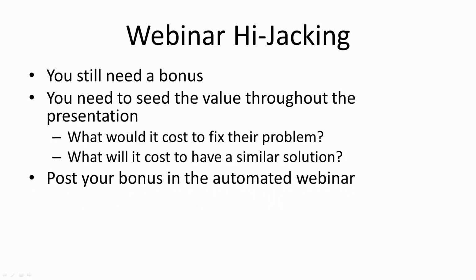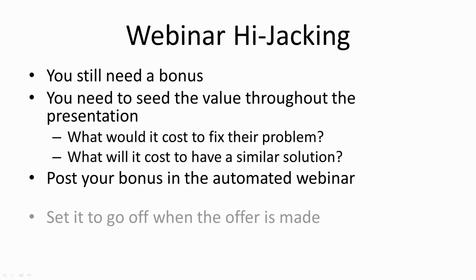You want to make sure that whatever facility you're using for your automated webinar, your potential customer can see the bonus. So in other words, use a visual representation. If you have a graphical software box or something that they can actually visualize what it is they're going to be getting as a result of picking up the purchase through your affiliate link when you are webinar hijacking.